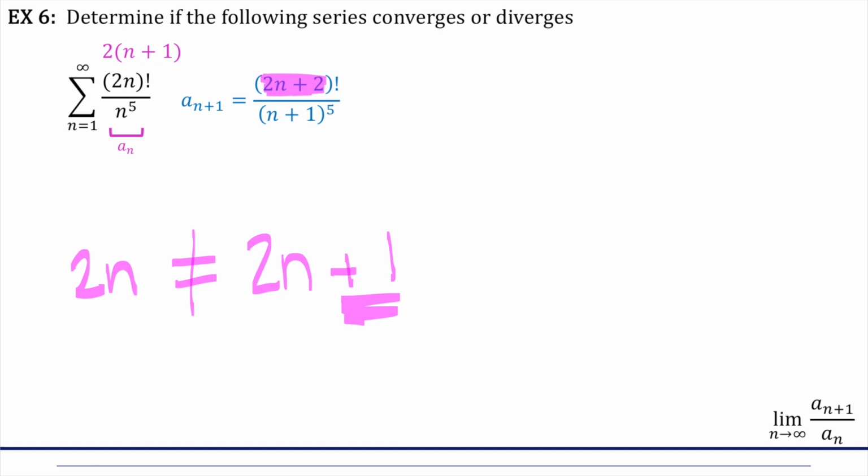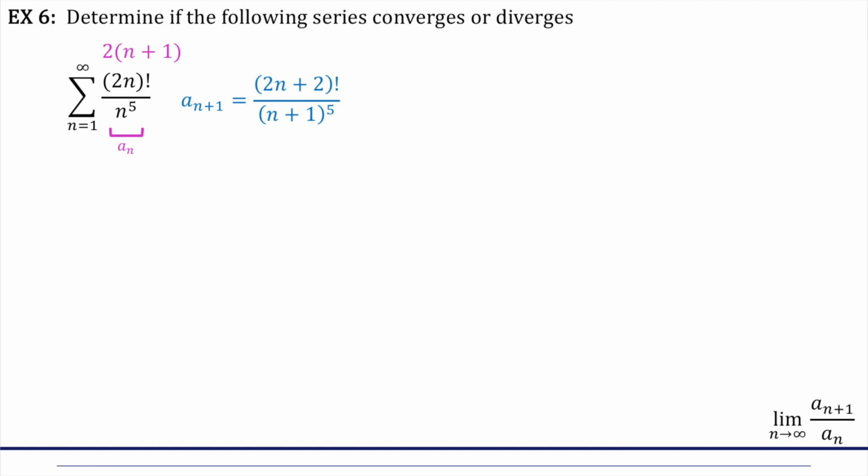We've got 2n plus 2 factorial over n plus 1 to the 5th. Now we've got that 2n plus 2 factorial. So let's just see what's going on with that one. That's 2n plus 2 times 2n plus 1 times 2n, and so on and so forth.